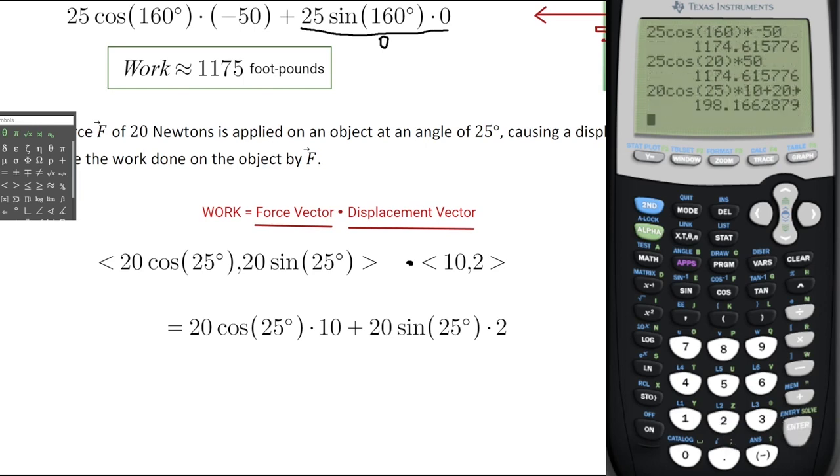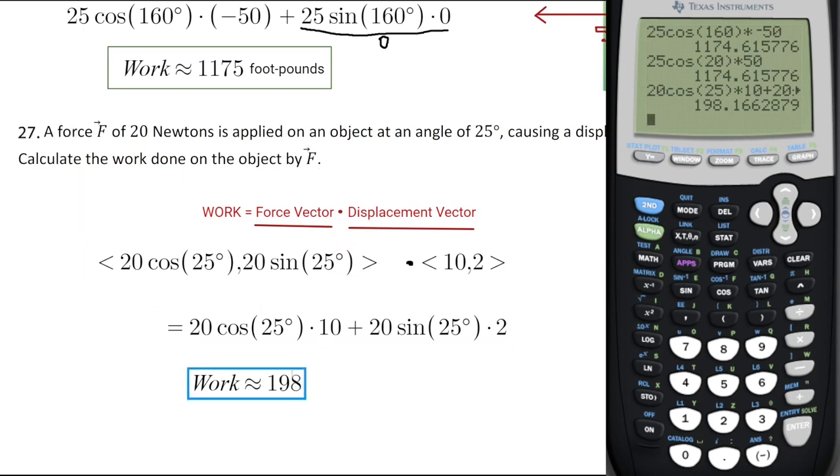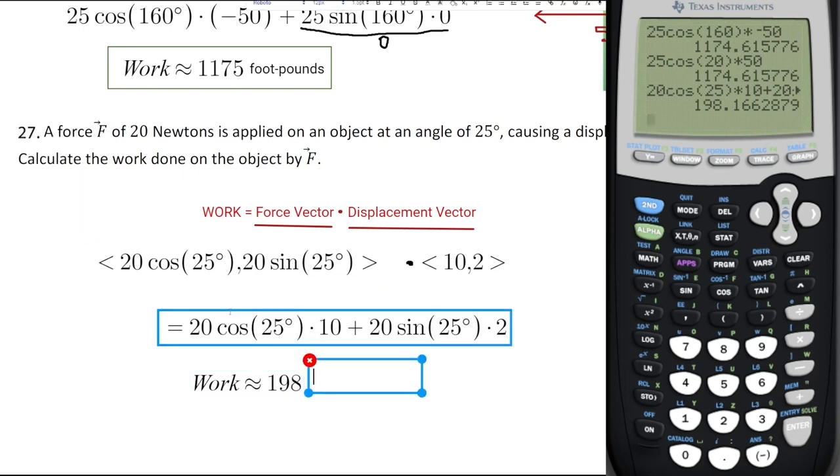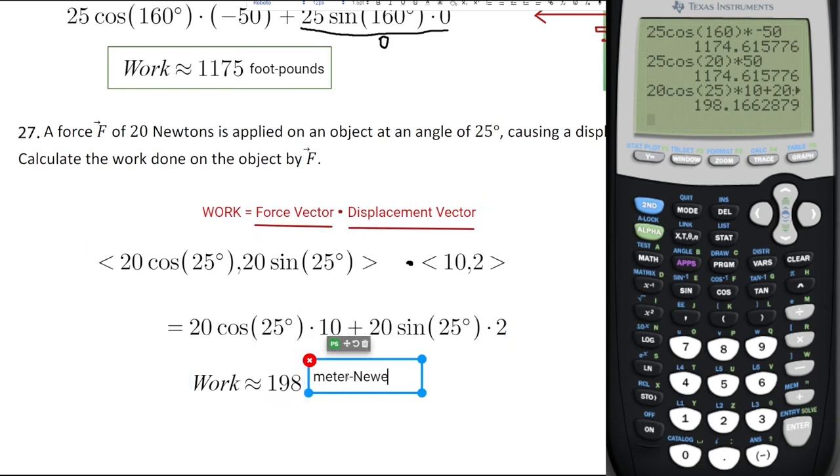So we get our work is approximately 198. Like I was saying before, if you're following the same naming convention as we did above, you would call it a meter newton, but this particular unit of work has a specific name that we use instead of meter newton. We call it a joule.